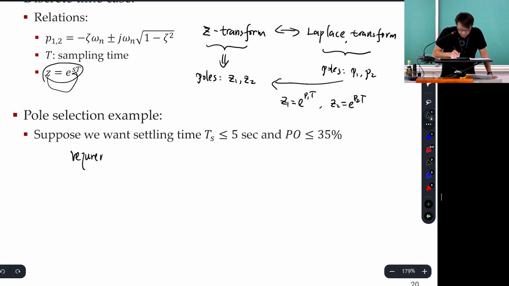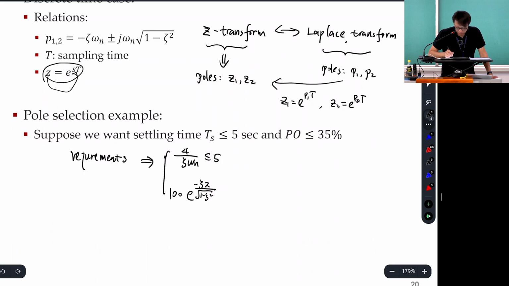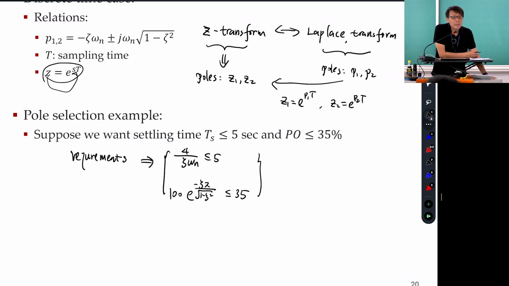We can translate the requirements: Ts is 4 divided by zeta omega n, less than 5. And percent overshoot: 100 e to the negative zeta pi divided by square root of 1 minus zeta squared, less than 35. That's the percent overshoot formula. I have two inequalities, so actually I have an infinite number of solutions.